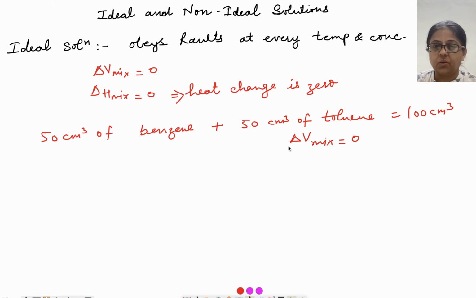Why does it happen? It happens when we take solutions in which there are strong intermolecular forces of attraction. Suppose we take the example of ethanol. In ethanol, there is hydrogen bonding between one molecule of ethanol and another molecule of ethanol. So the molecules are tightly held because of the hydrogen bonding.